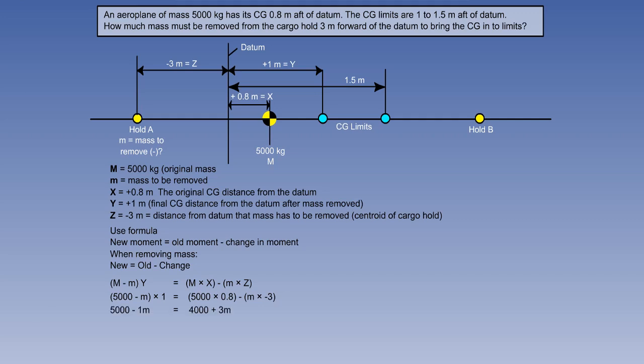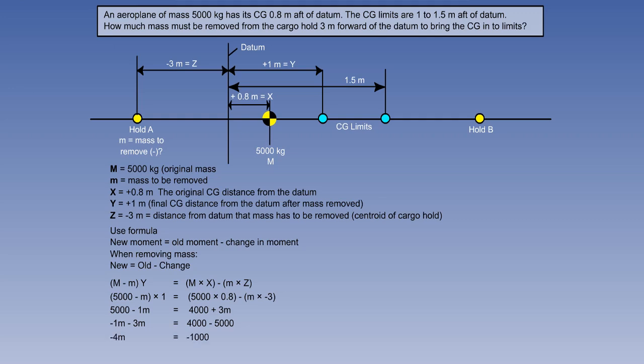Multiplying the brackets on the left of the equation gives 5,000 minus 1 little m, and on the right side gives 4,000 plus 3 little m. Note, multiplying the two minus signs on the right-hand side produces a plus. Rearranging gives minus 1 little m and minus 3 little m on the left side and the whole numbers on the right-hand side, 4,000 minus 5,000.